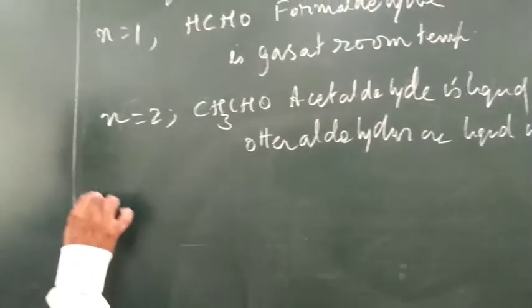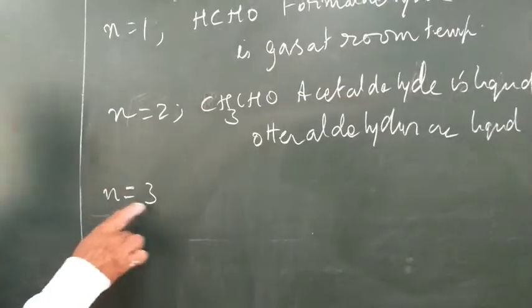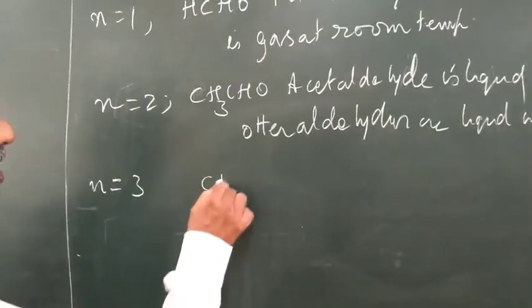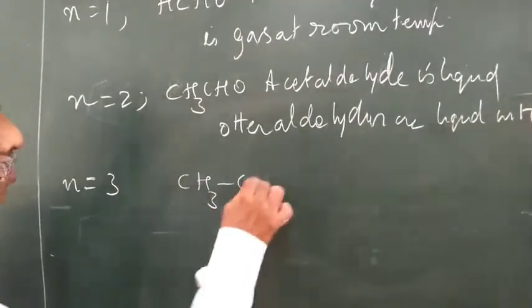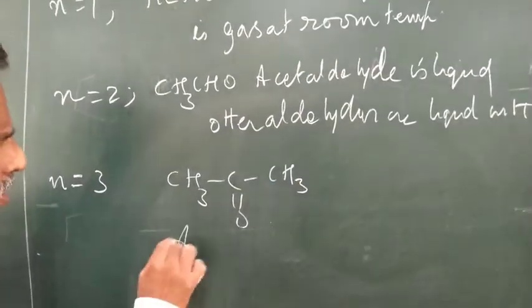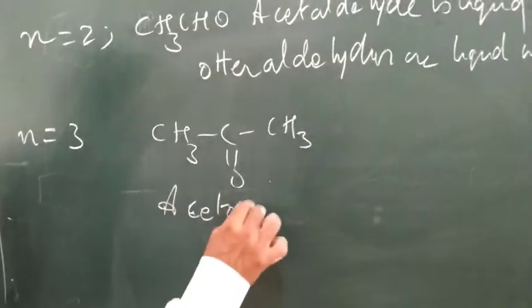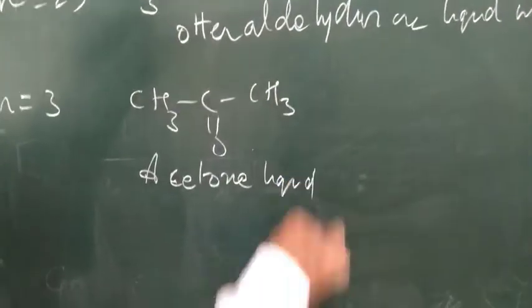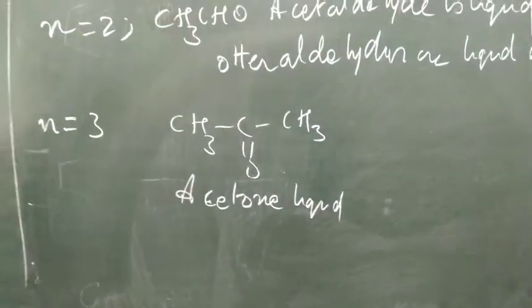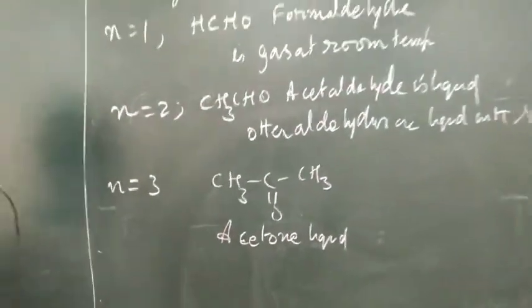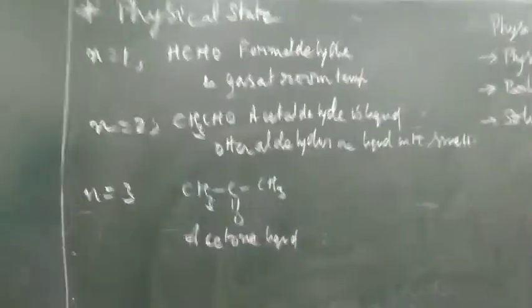Coming to ketones, the first ketone starts with 3 carbon atoms, that is CH3, C double bond O, CH3. The name of this substance is acetone. Acetone is a liquid, and of course higher ketones are also liquids with a pleasant smell.